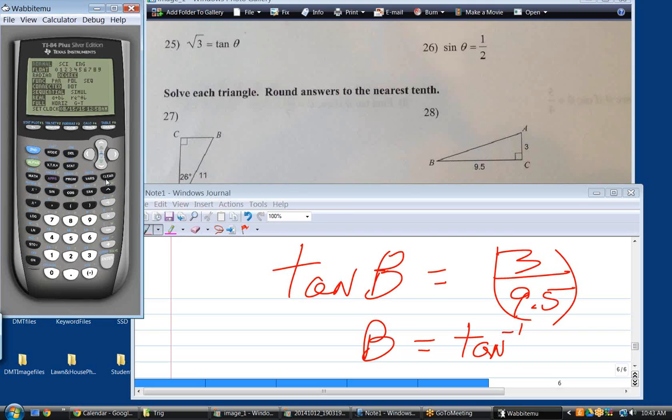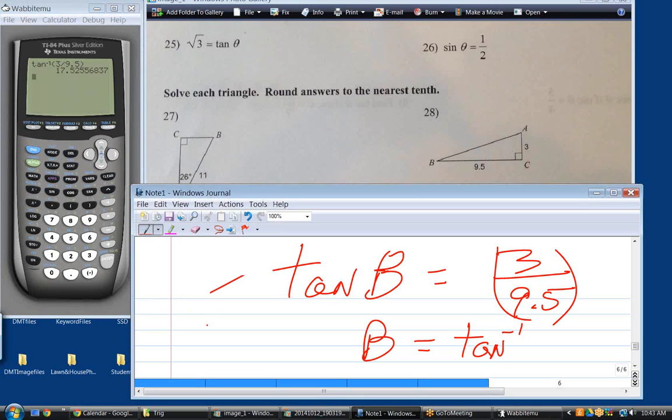Well, clearly I'm in degree mode, so that answer must be in degrees. With the Inspire, it's trickier. There's an odd key combination you have to do to figure out whether you're in radians or degrees. So anyway, we now know angle B is, I'm going to round it off to 18 degrees.